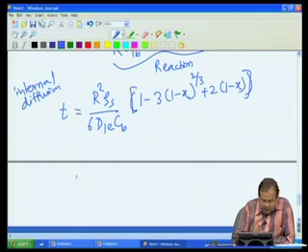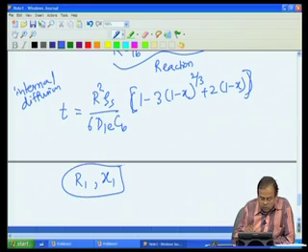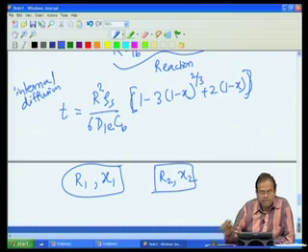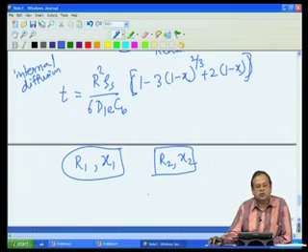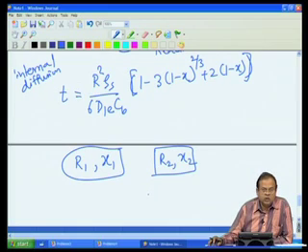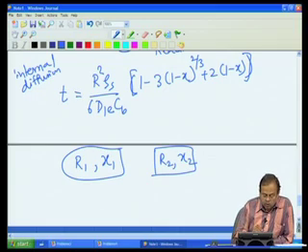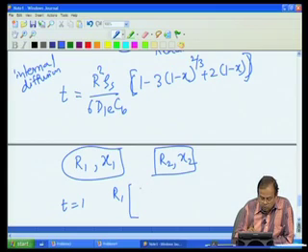So, let us say R1, x1 is known to us, R2, x2 is known to us, and time is the same, 1 hour. So, for R1, I will keep the term rho s because that is constant.